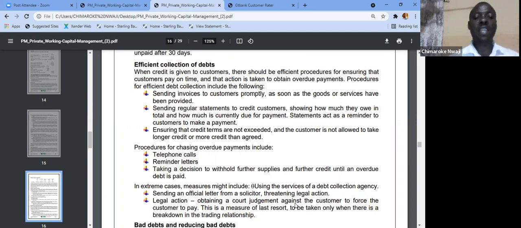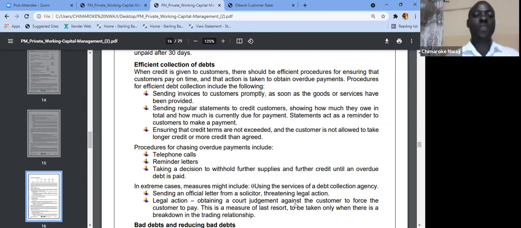After the first letter, the second letter may need to take a decision to withhold further supplies until credit is paid. In some extreme cases, you may need to use a debt collection agency, you may need to bring a lawyer, you may need to threaten lawsuits, and you may need to make good your threats by taking legal action.